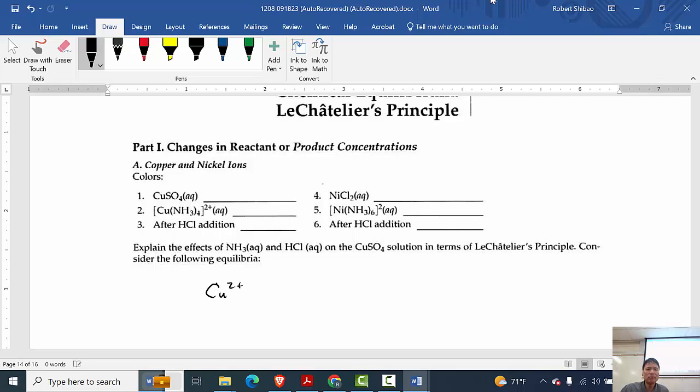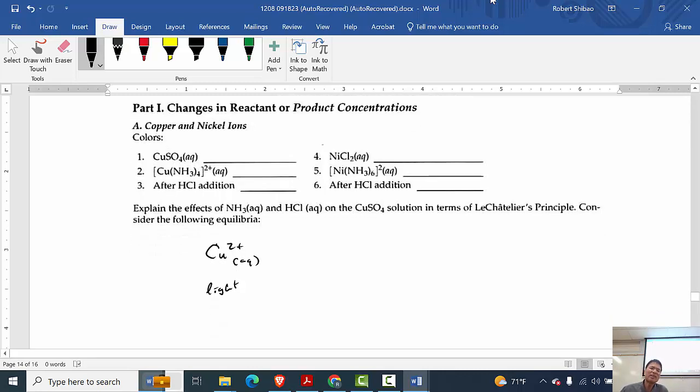Here in the first one, we're taking copper 2. This is light blue. Now, if I have copper 2 aqueous, that could be the hydrate, you know. Well, it's not really the hydrate, it's the aqua complex. There's a difference between a hydrate, where waters are kind of stuck in the holes of the crystal, versus an aqua complex, where the waters are actually attached as ligands.